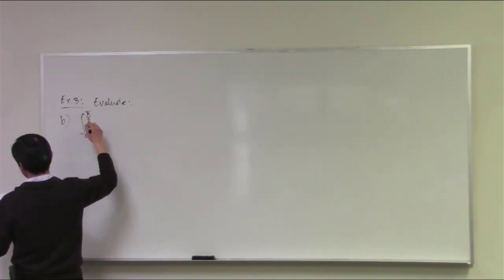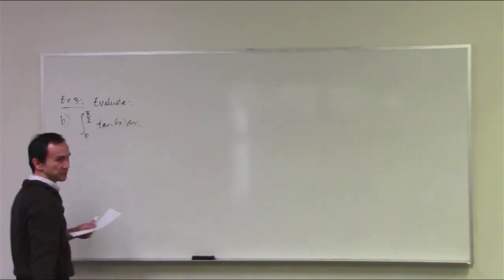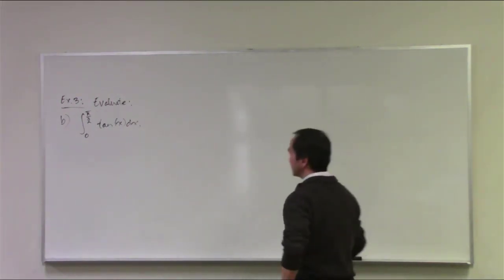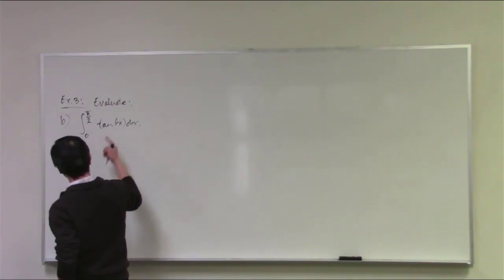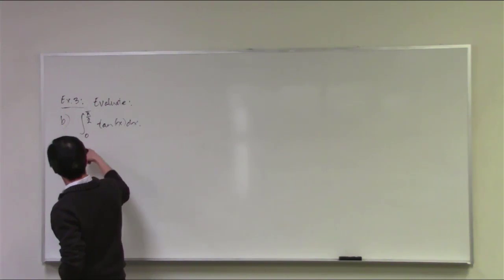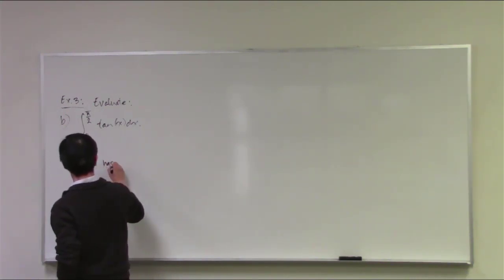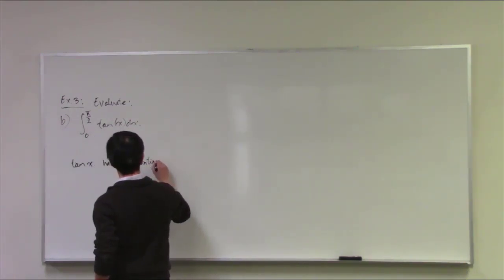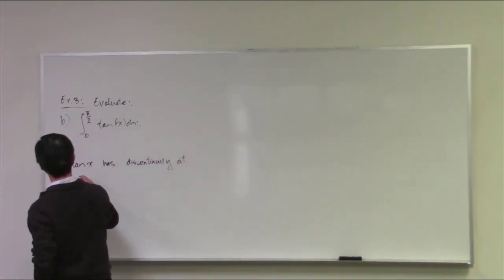And our function is simply tangent of x. So as far as just the elementary technique, you have to understand tangent has a discontinuity at x equals pi over 2.